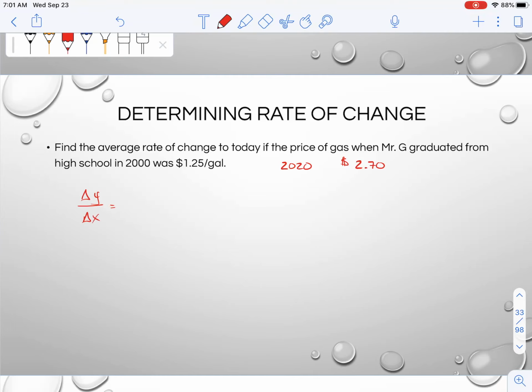Now, which one's x, which one's y? In this case, the price is going to depend upon the year. The price is dependent upon what year we're talking about. So here I'm going to have 270 minus 125 divided by 2020 minus 2000.